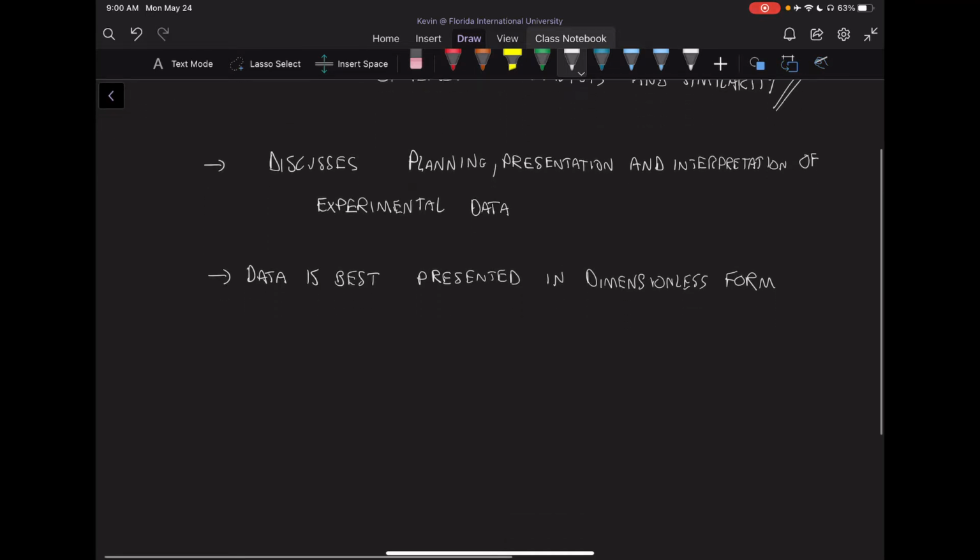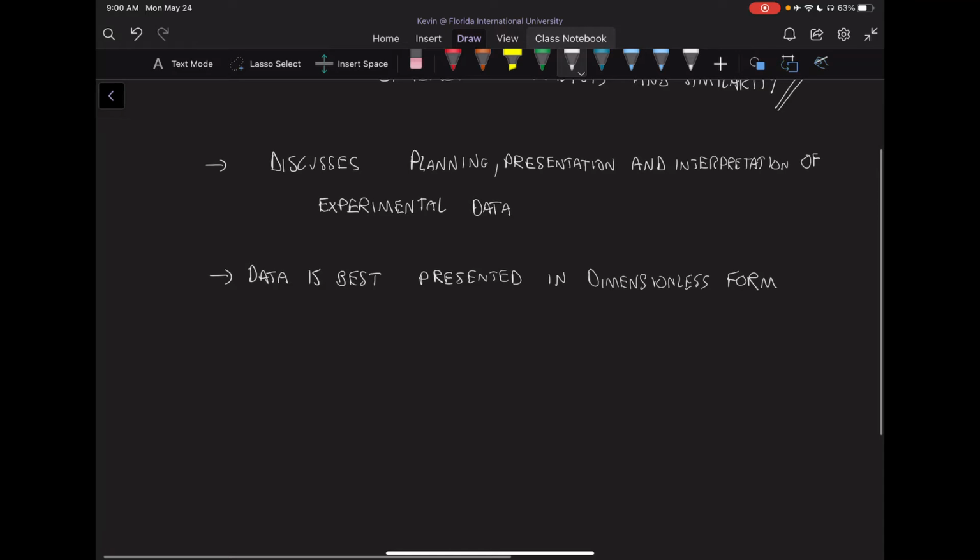And in fluid mechanics, we're going to break down our dimensions into the simplest 4 dimensions we can think of. So the 4 dimensions that we're going to be using in fluid mechanics are the following.